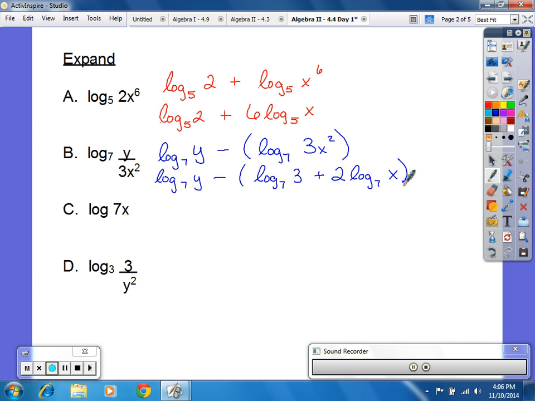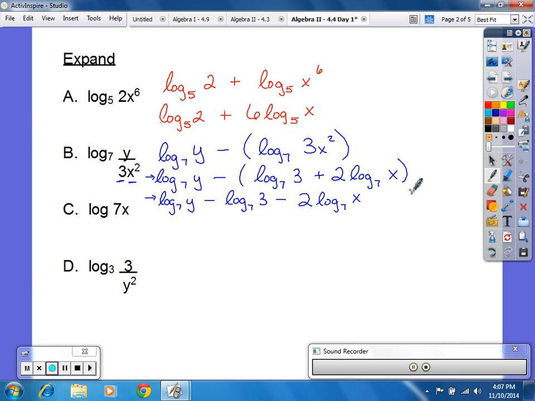Or you could show that both of these are on the bottom, the 3 and the x squared are on the bottom, by subtracting both of them. So this answer is correct, or this answer is correct. The log base 7 of y minus the log base 7 of 3 minus 2 times the log base 7 of x.